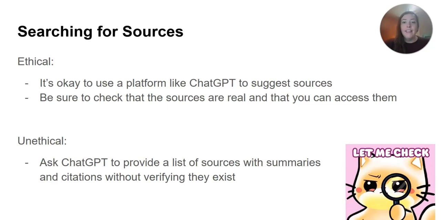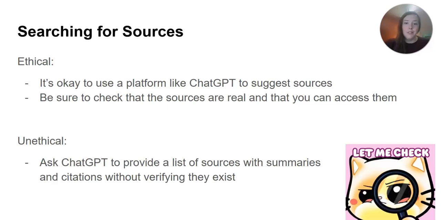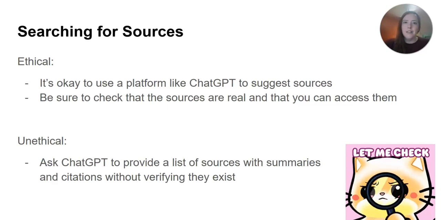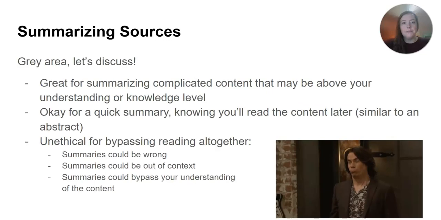And I've found that there have been instances in the past where the information is not actually out there. Those sources don't exist. So if you are going to use ChatGPT or other platforms to search for sources, do make sure that you are checking that those sources are real and that you're putting your own eyes on the source. It's definitely not okay not to confirm that it's a real source.